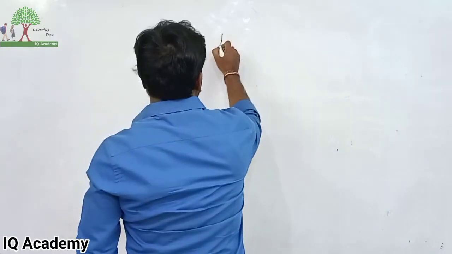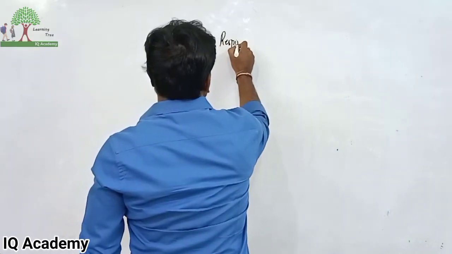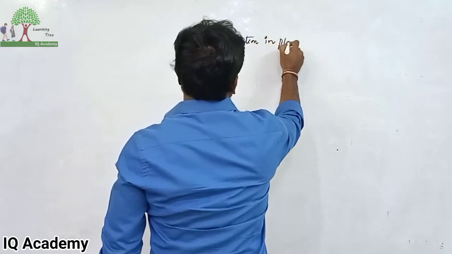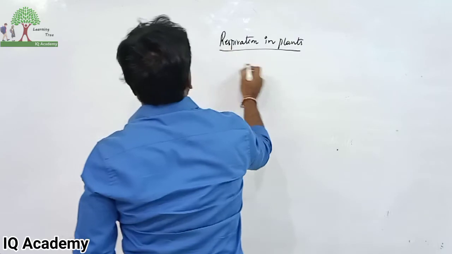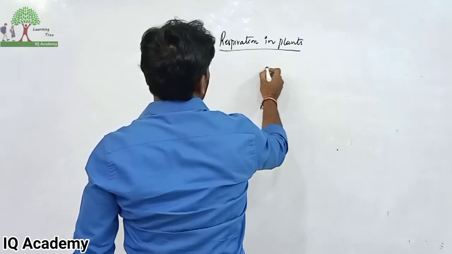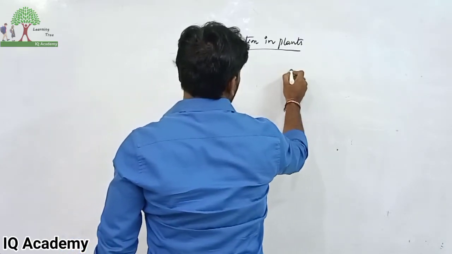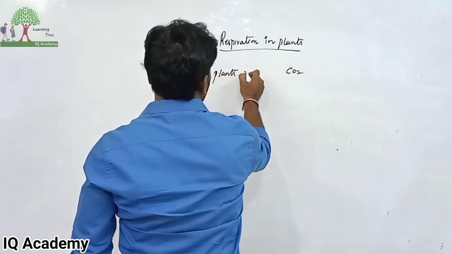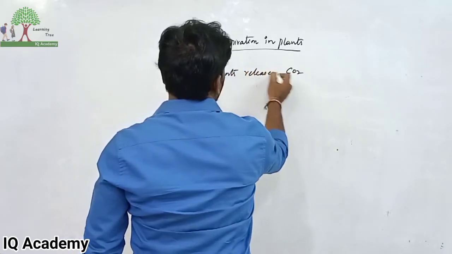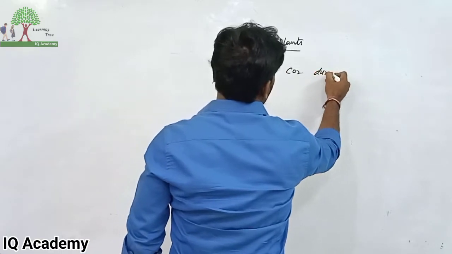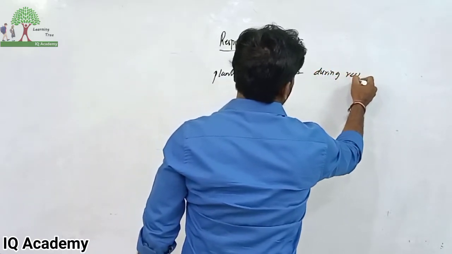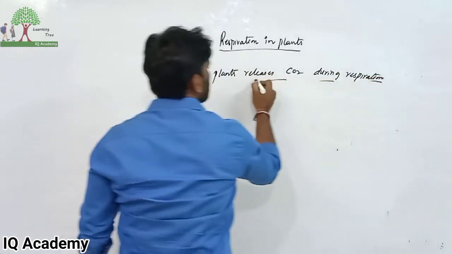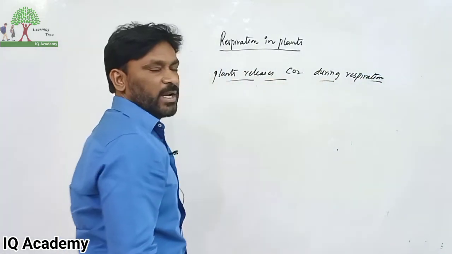Take the example of respiration in plants. We have to prove with experiments that during respiration plants release carbon dioxide.